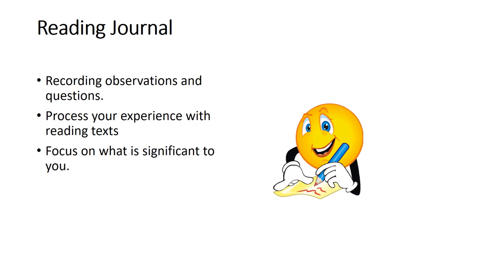Reading journals help you process your experience with reading the text, because if there is something that you don't understand, you can write in the reading journal. If there is something that you want to focus on, you can write in the reading journal. It focuses you on what is really significant and important for you in the text.